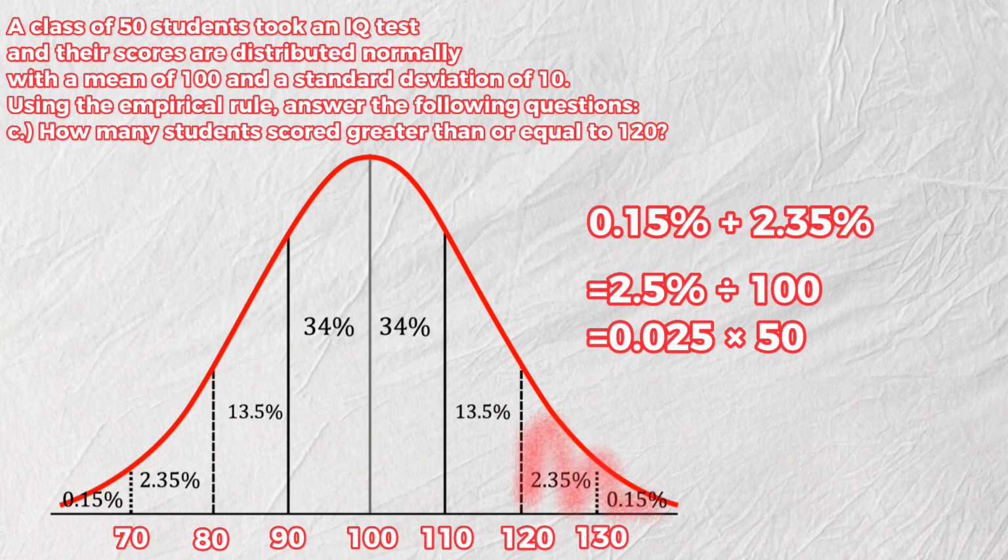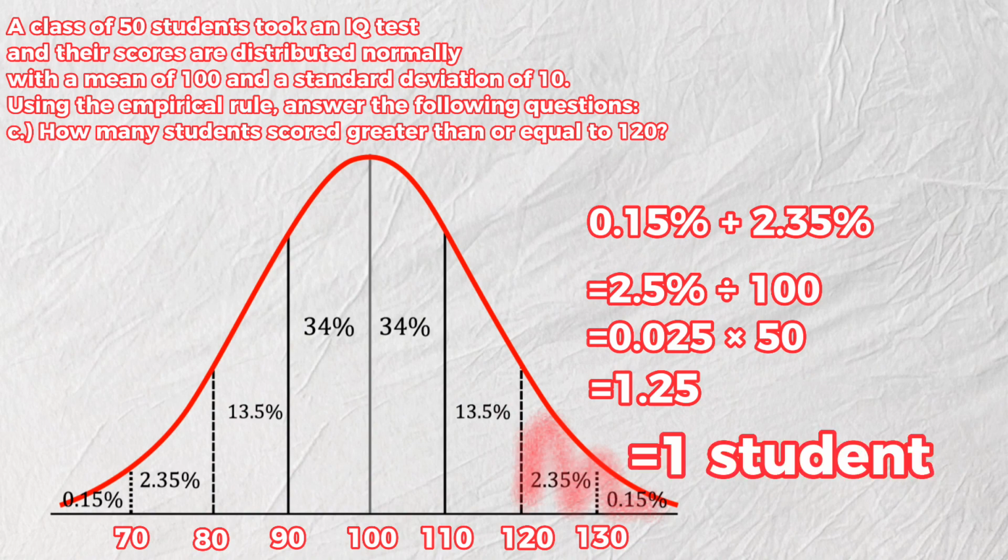And then multiply it by 50, which is the number of students, to come up with the final answer. We now have 1.25. But since we are looking for the number of students, we will disregard the 0.25 and we will be left with 1. Therefore, only one student scored greater than or equal to 120.